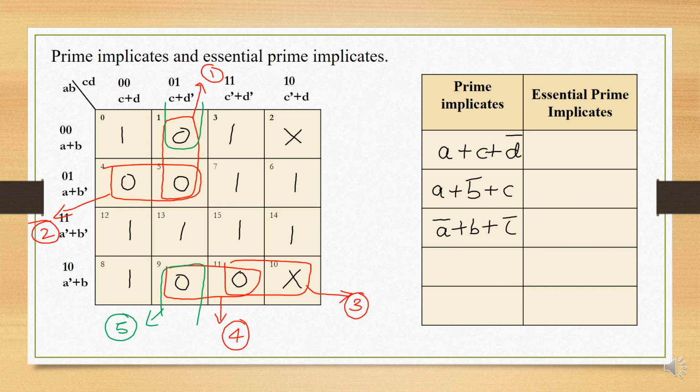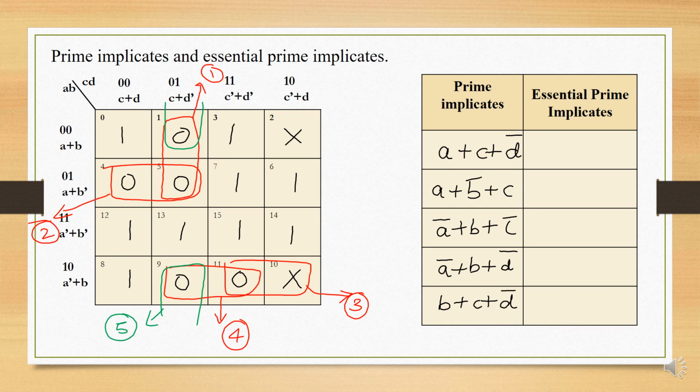Considering group number 4, we have A bar plus B plus D bar. Considering group number 5, that is the folded one, we have B plus C plus D bar.